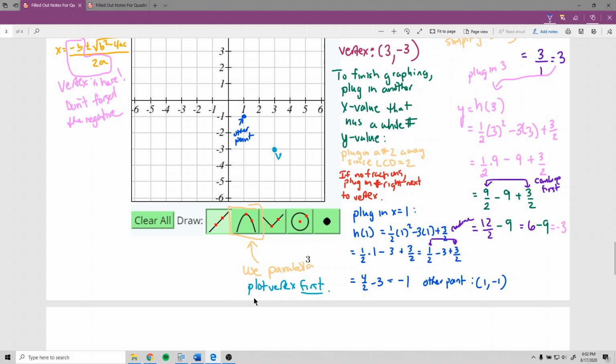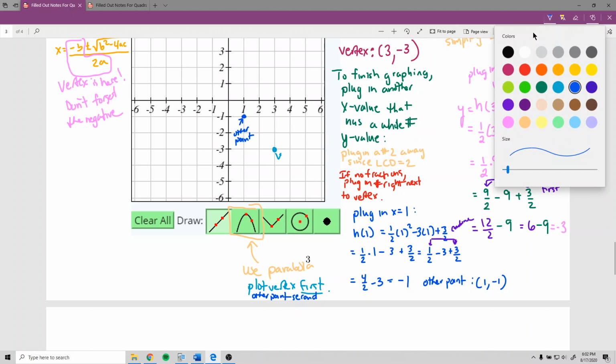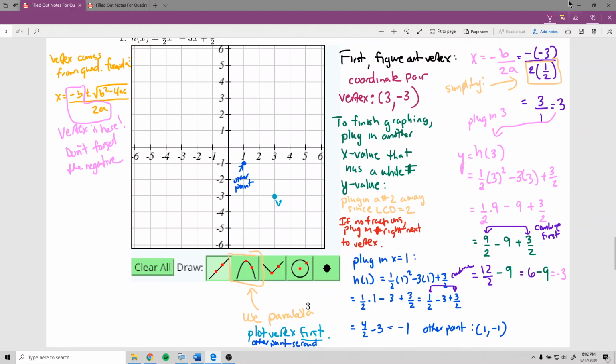Now you must do the other point second. If you do the vertex second and this one first, it will assume this is the vertex. So you got to do this one first, the vertex first, and this one second. Once you do that, it will make the parabola for you. Since this point is above the vertex, it's going to open up. So it kind of makes that U shape.